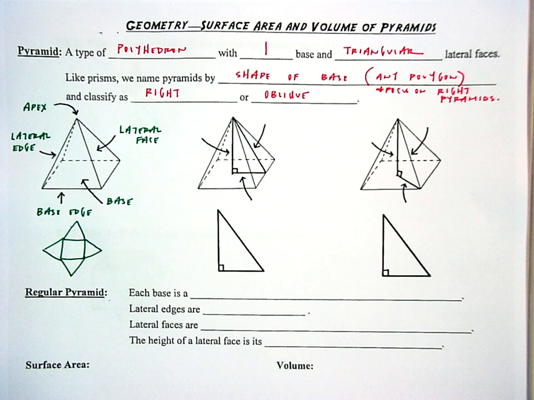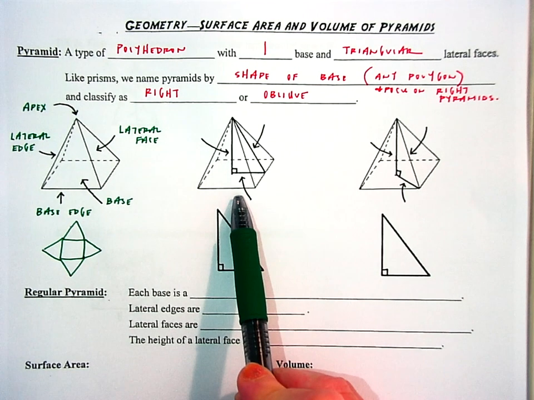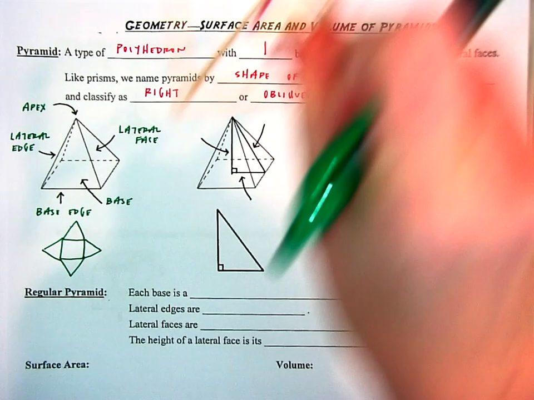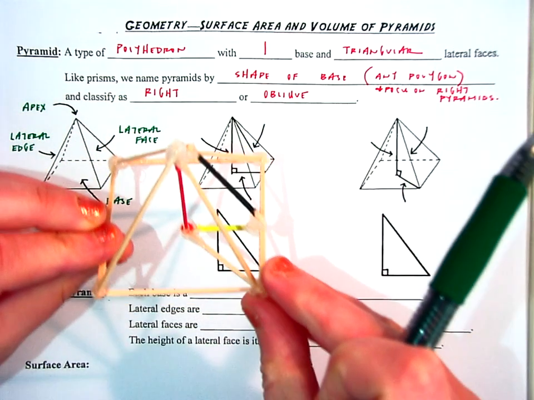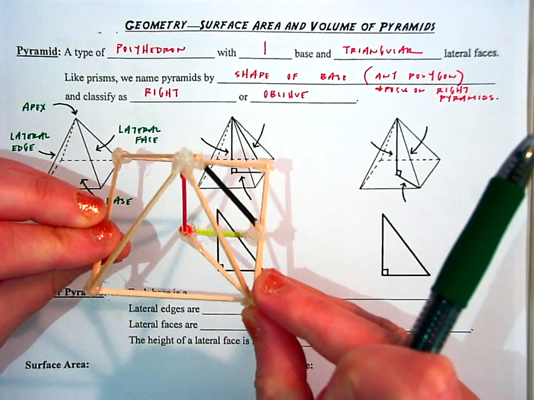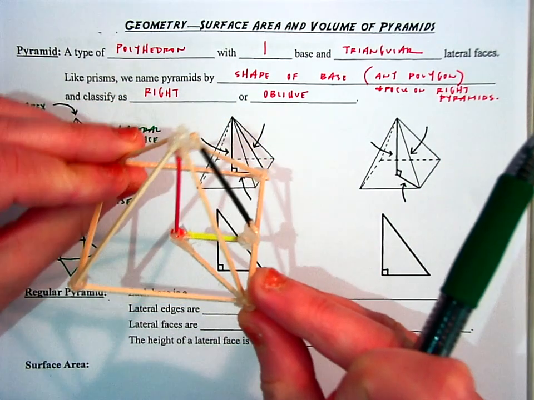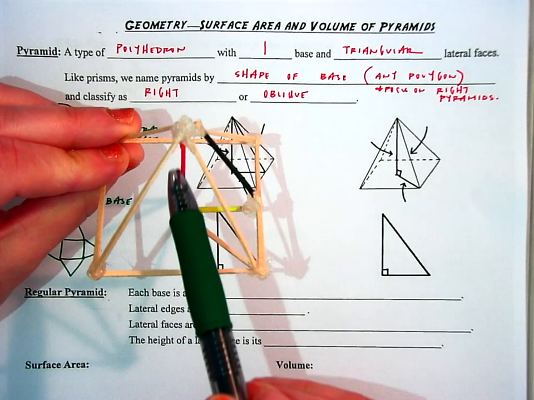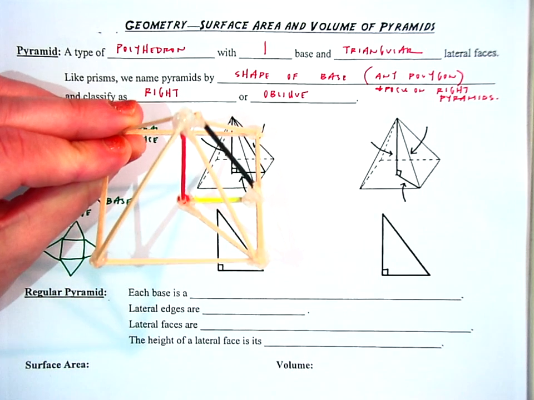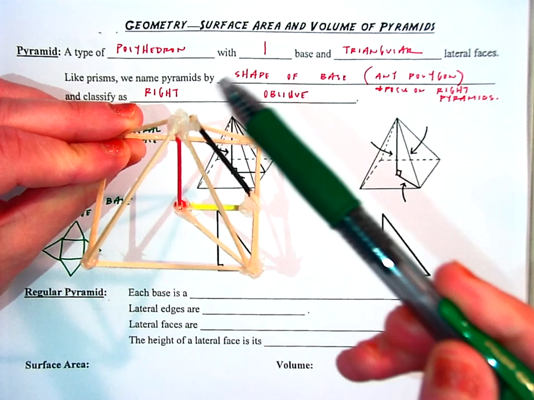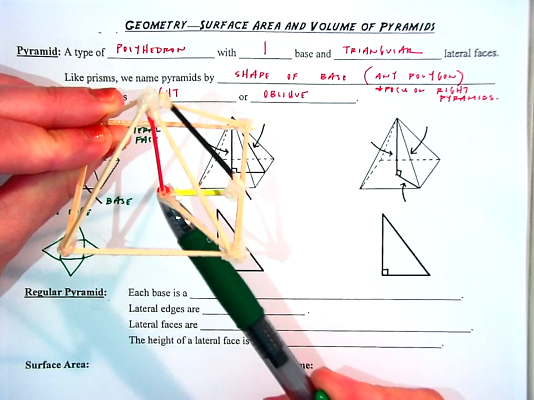We're going to need to know all of this vocabulary to help us solve for surface area and for volume. So when I look at this model right here, that's what I'm trying to achieve with my toothpick model of the pyramid. Right in here, if you look at my model, this red part is its height. It's that perpendicular segment that connects the apex to the center of the base.